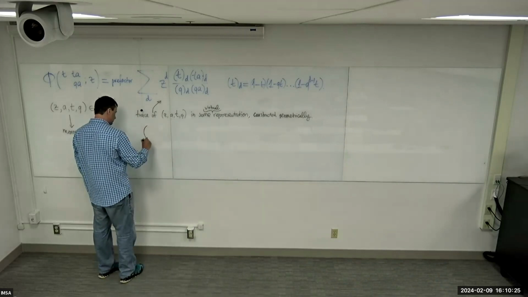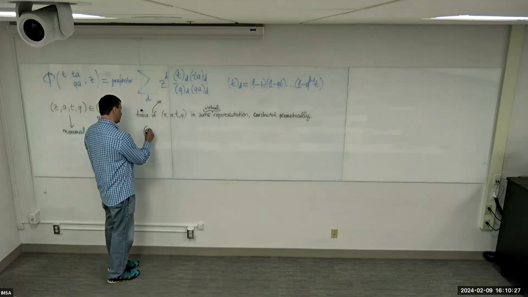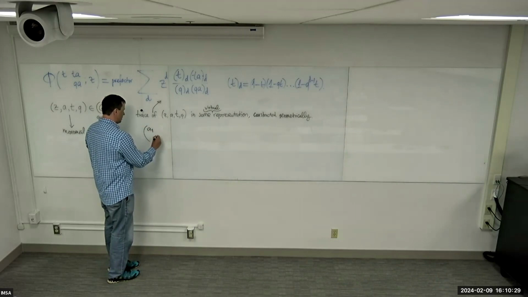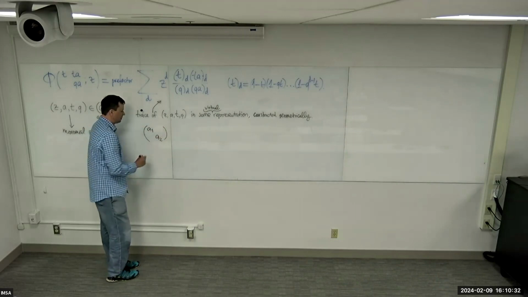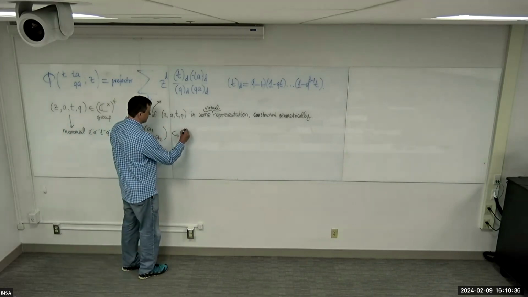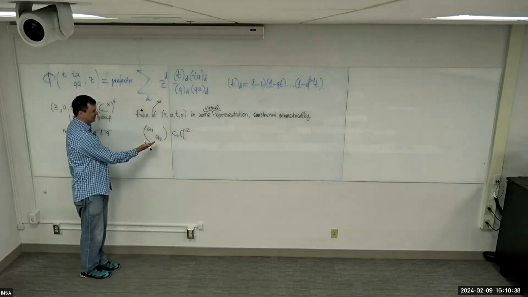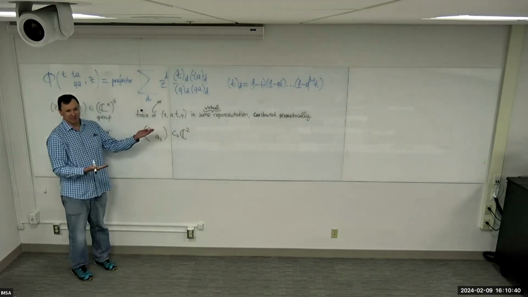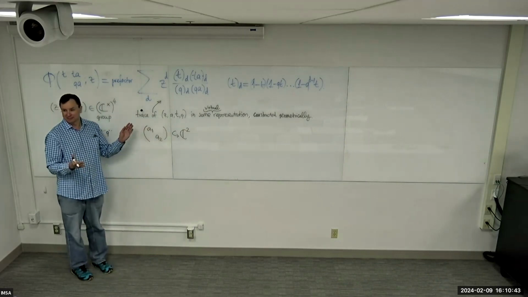Several matrices of the form, let's call it A1, A2, a matrix. All this acts on space. Of course, the trace of this matrix in this representation is just A1 plus A2.